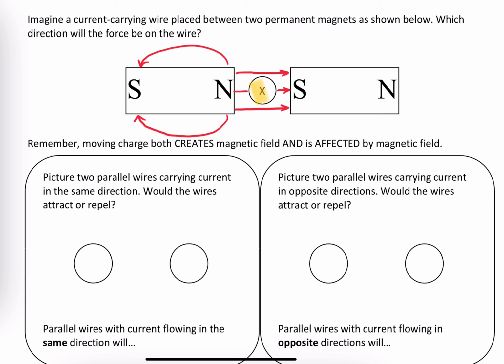It's going into the page. Remember, an X means into the page. So pointer finger going to the right, thumb going into the page, and now stick your middle finger sort of at 90 degrees to both of those, sticking out of your palm, and you'll notice that your middle finger points down the page, towards the bottom of the screen. And that's the direction of the force.